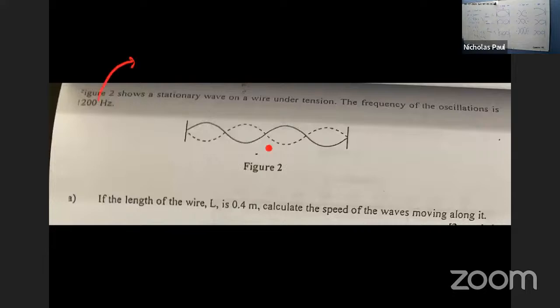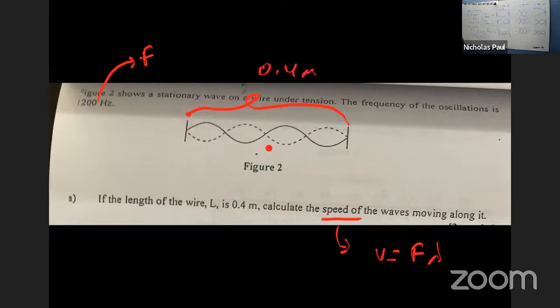Right, so we know the speed v is equal to f lambda. We know f, but we don't know lambda. All we know is the length here. What's the length of the whole column? It's 0.4.